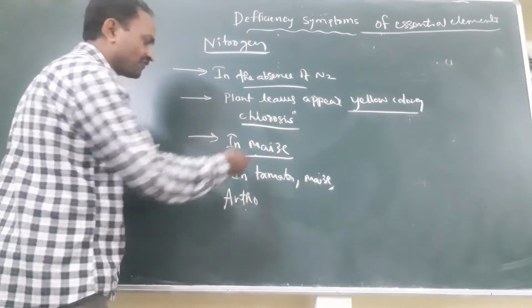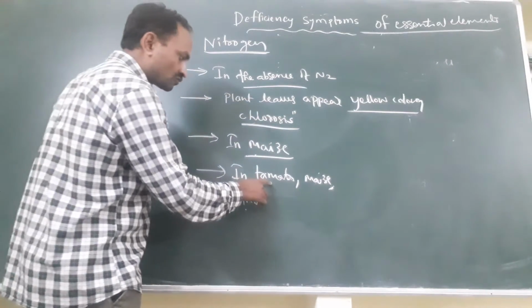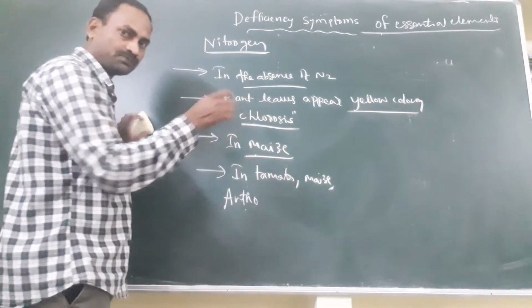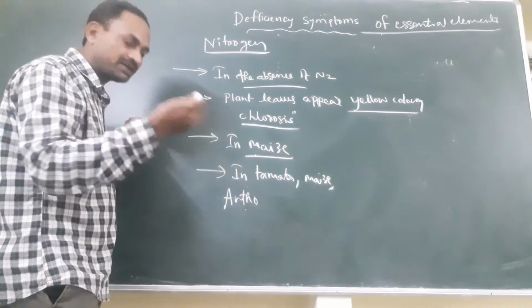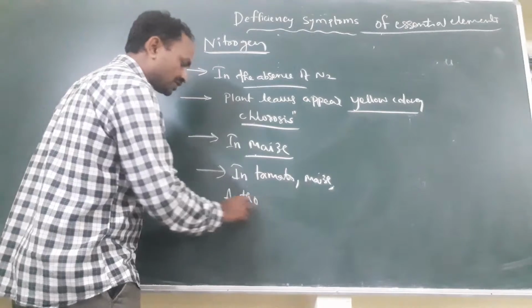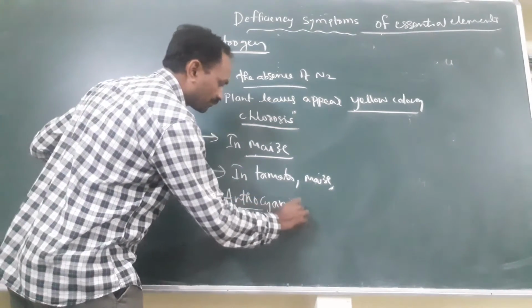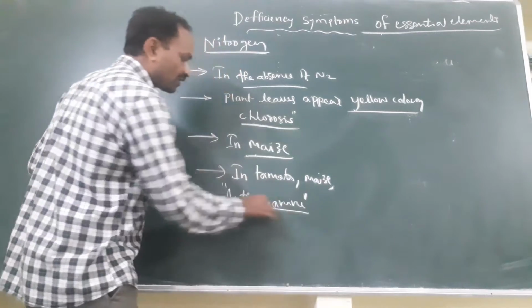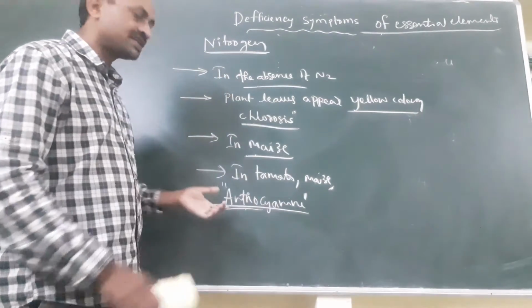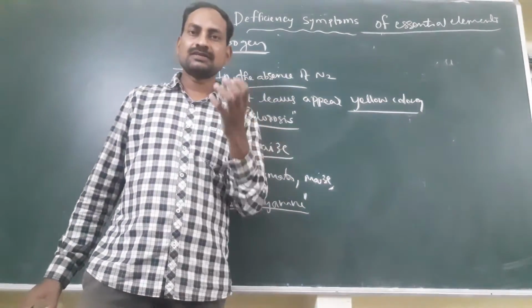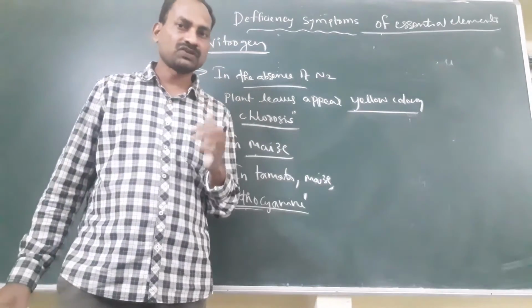In the nitrogen deficiency, the stem of the tomato or maize or leaf base, sometimes the whole leaf turns red due to the accumulation of anthocyanin pigment. So after accumulation of this anthocyanin pigment, it imparts red color to the leaf.